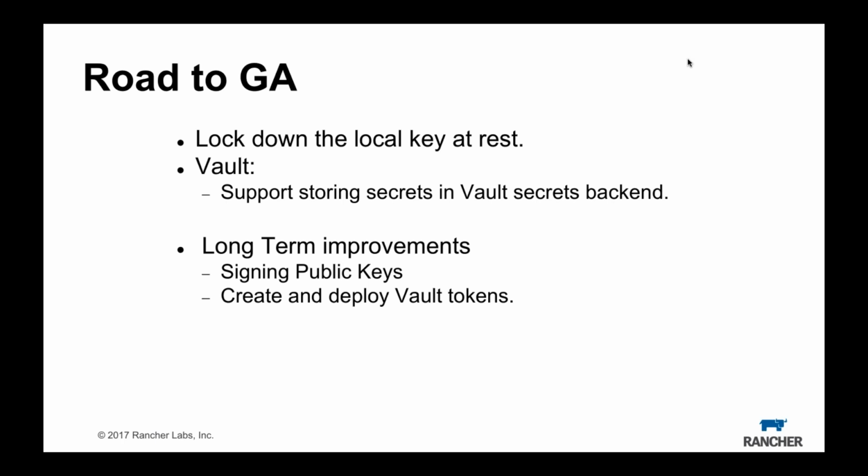Longer term improvements that we're looking at is signing the public keys, possibly creating our own CA infrastructure to, during host registration, sign the keys and then have this only work with signed keys.